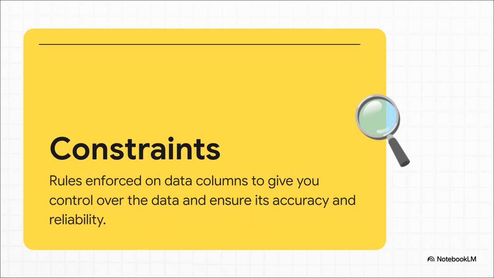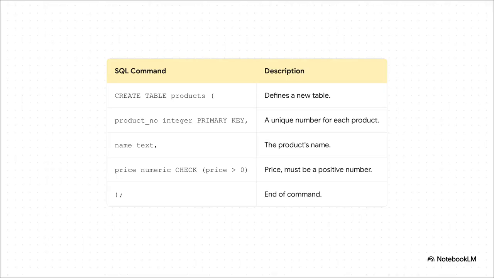All right, so the next layer of this blueprint is something called constraints. If data types are the basic building blocks, then think of constraints as the really strict guardrails for your data. These are rules that go a step further. They're not just about the type of data, but about making sure the data itself actually makes sense in the real world. And you can see here exactly how we build these rules right into the structure of the data table.